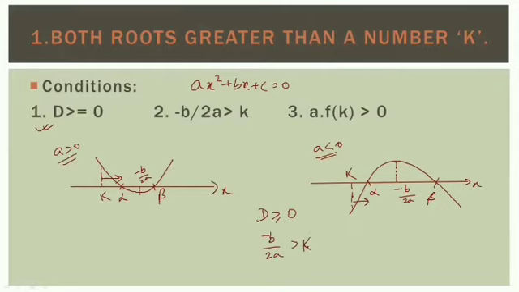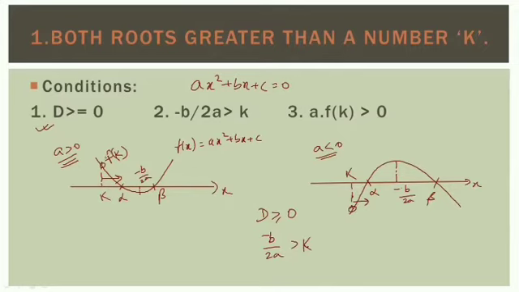Now for the third condition, we can say that f of k, that means the value of this function. What is the function? The function that we are drawing is ax square plus bx plus c. So the value of this function at k is f of k. This f of k is positive when a is positive, and f of k is negative when a is negative.